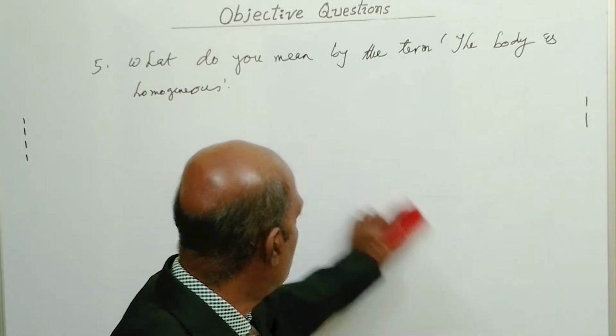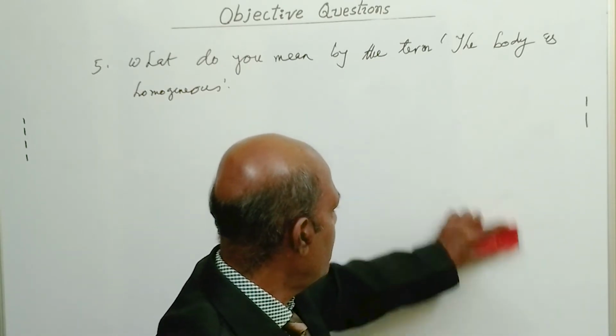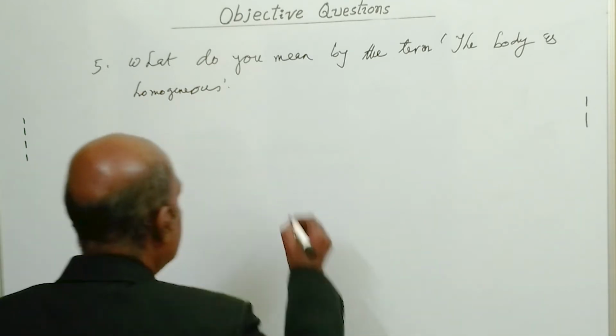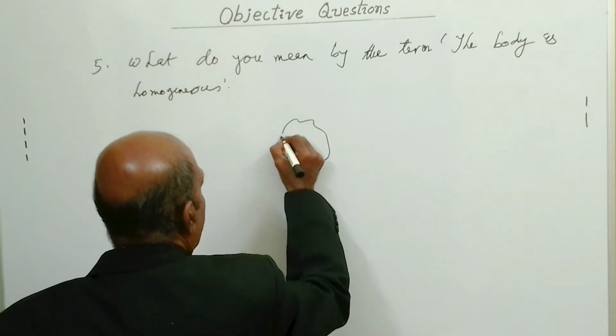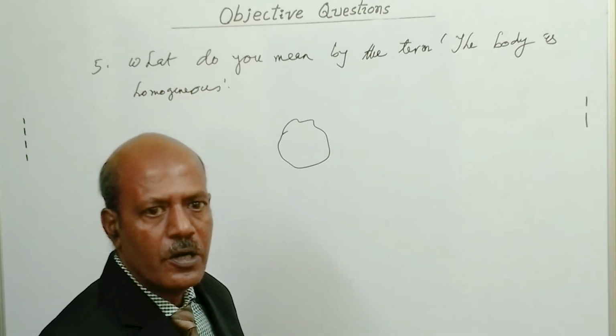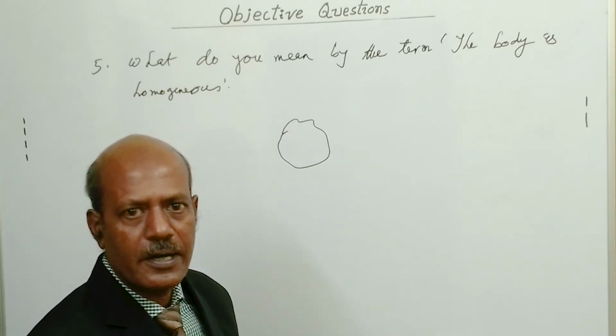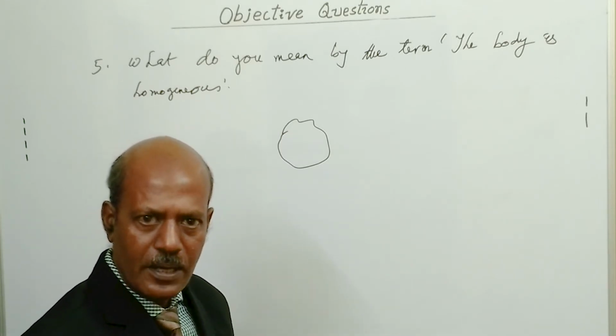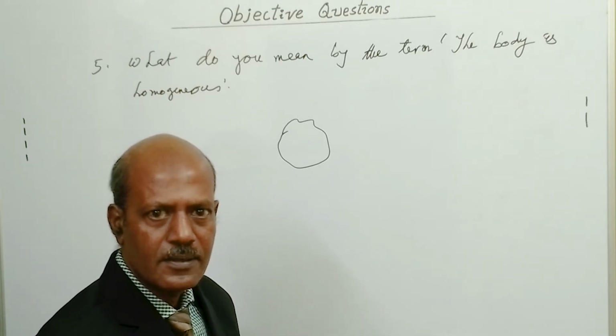So body is homogeneous means, say this is a body. Body may be made of a single component, or it may be made of more than one component or element.